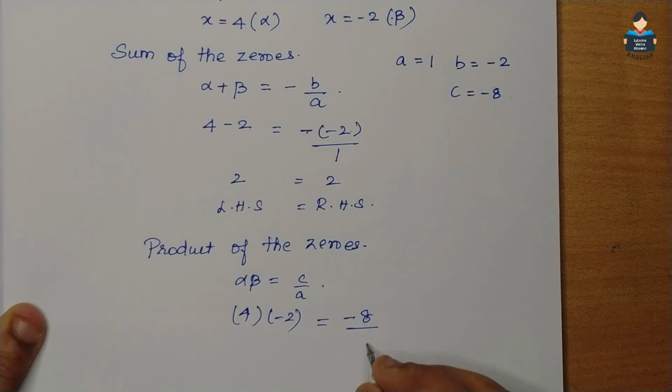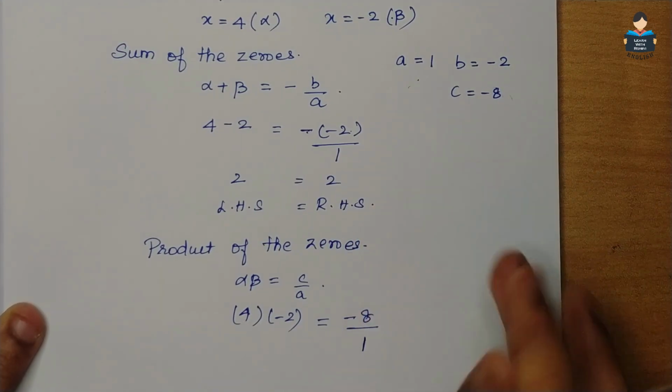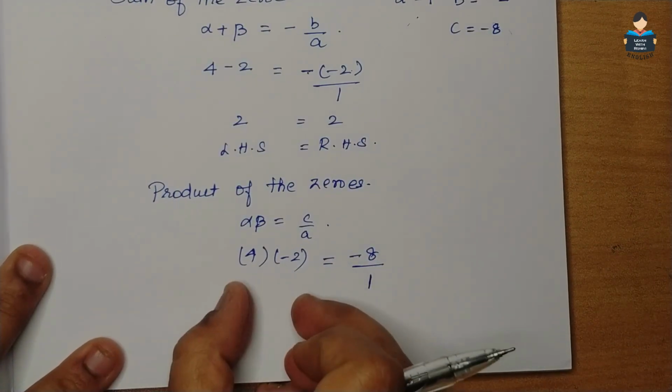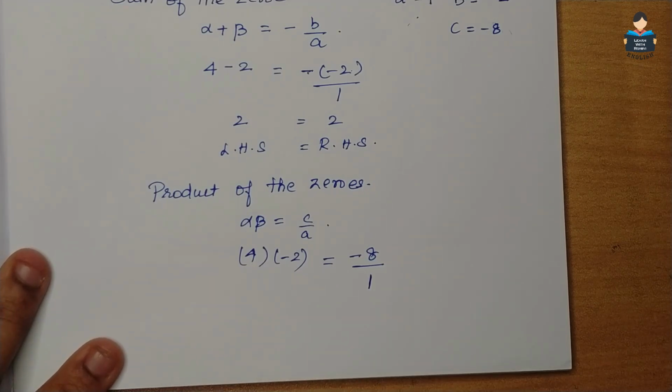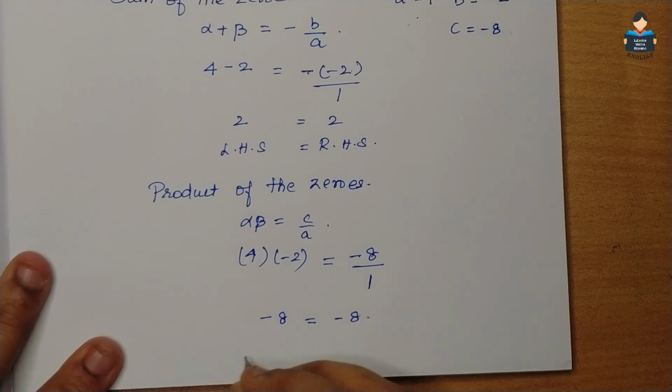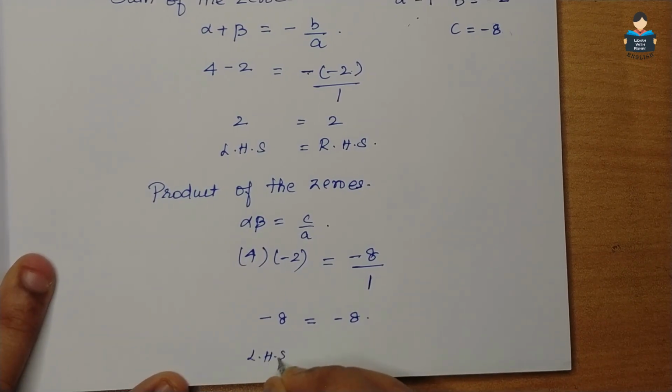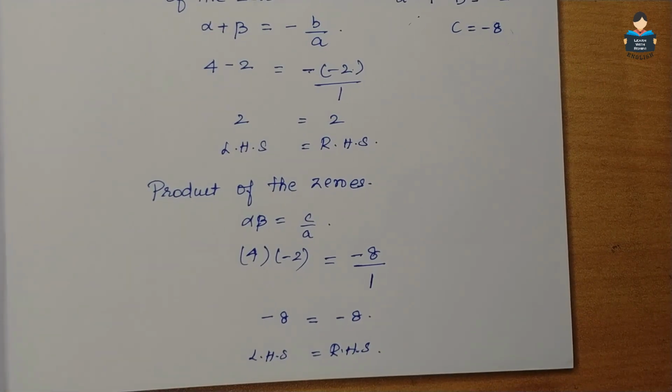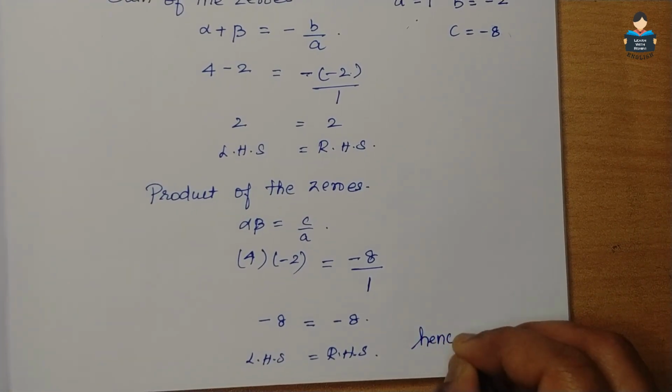Minus 8 by 1. A is 1. So now if I multiply 4 and minus 2, I will be getting minus 8. And this is equal to minus 8. My left hand side and right hand side are equal. Hence verified.